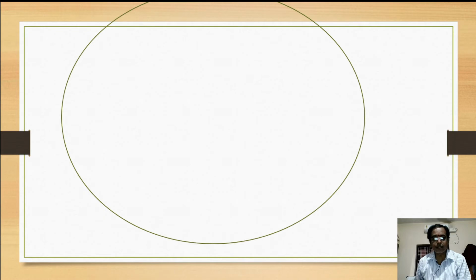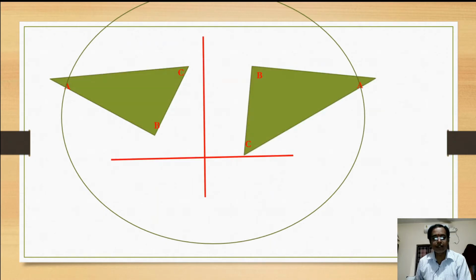Let us see an example. Here we have two triangles, and this one is like a mirror image.